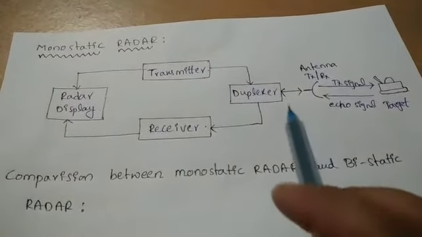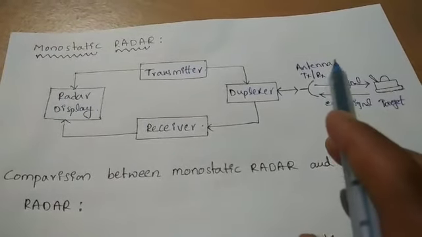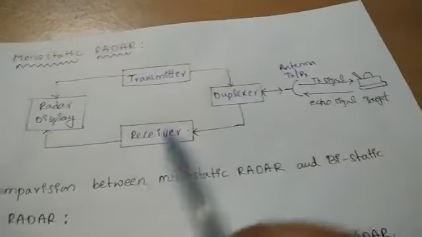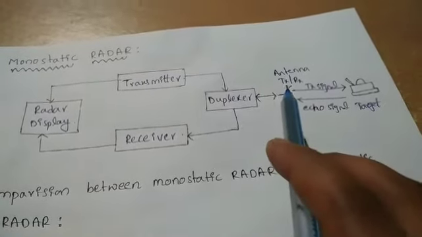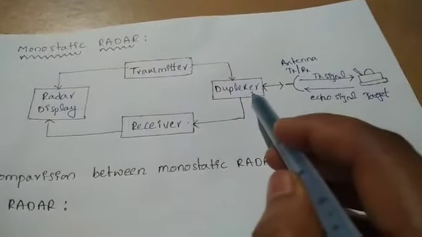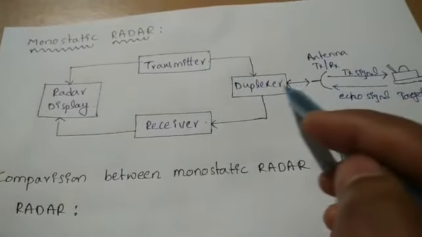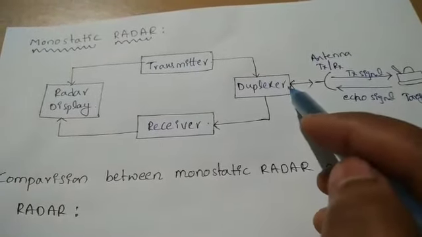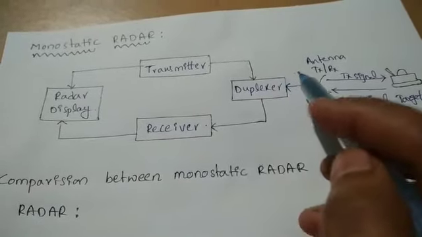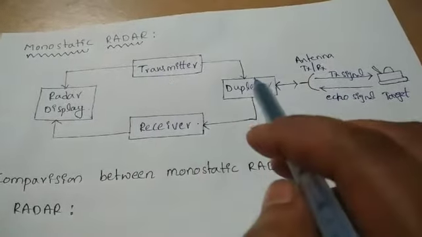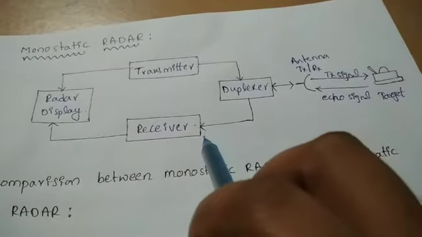If you want to use a single antenna for transmission as well as reception, it is compulsory to use a duplexer. Now what is the function of the duplexer? The duplexer is used to isolate the transmitter circuit and the receiver circuit.